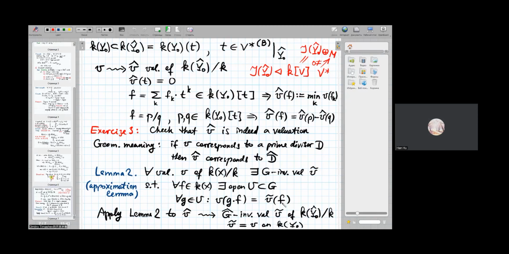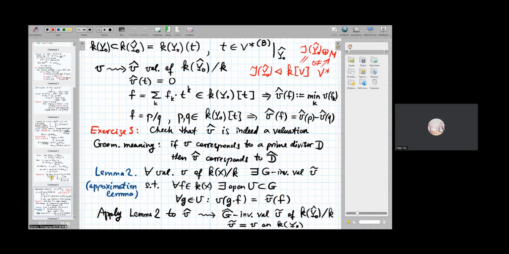So how can we apply this to lemma 1 here? Where is the U? So this lemma is about evaluation on the function field of a G variety X.